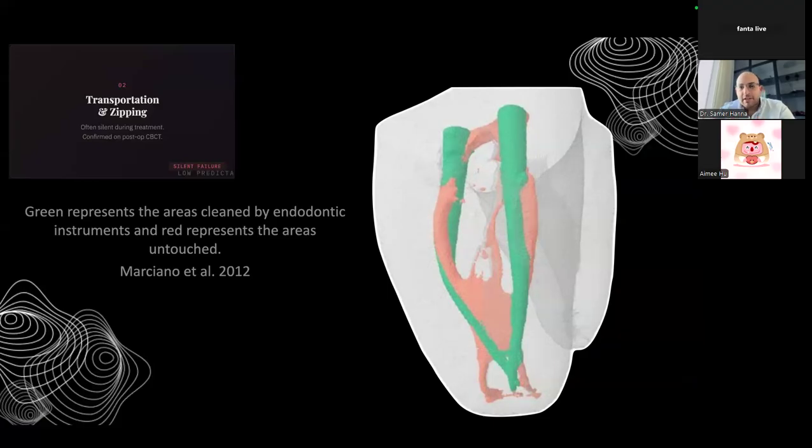If we look at the apical side, at the effect of our instruments, at the amount of walls that weren't touched, at the amount of dentine remnants that weren't cleaned, we can see that we create transportation, we create ledging, we create all of this kind of stuff with our instruments, if not chosen correctly.